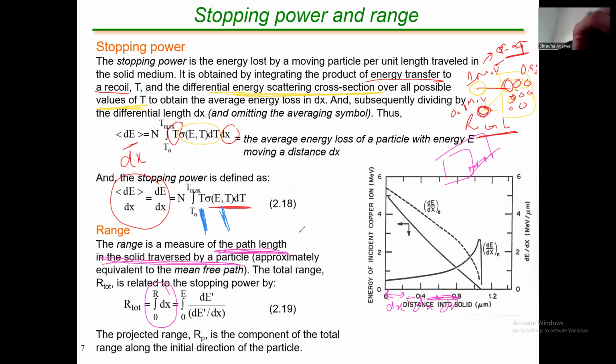So that is why there's an integration of dx over r, right? And they say it is also approximately equivalent to mean free path. Mean free path is how far it will go.